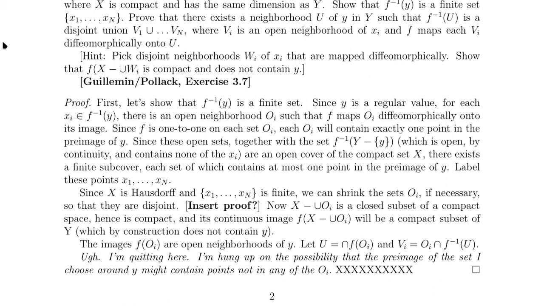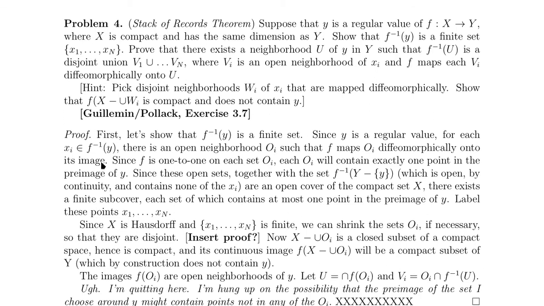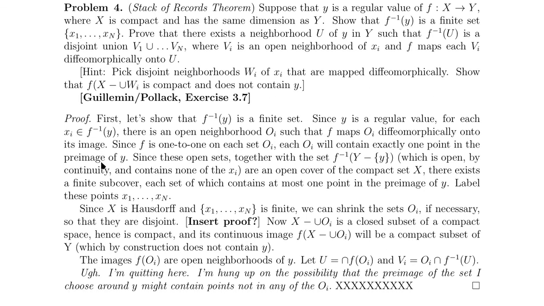Because I didn't use that idea that f of the set X minus the union of the W's doesn't contain Y. Because it feels like he's using that. Map forward the complement, and then choose a neighborhood of Y that's not in that complement, and then take the preimage of that.